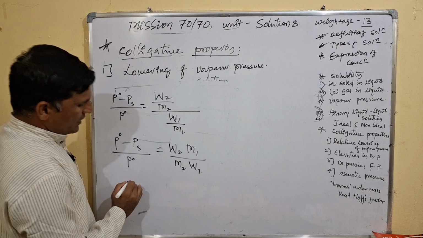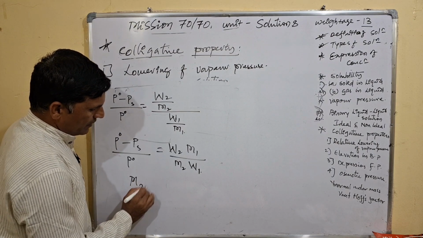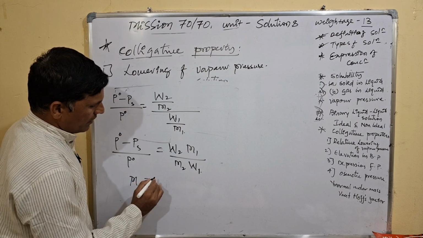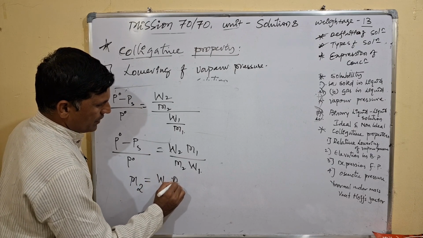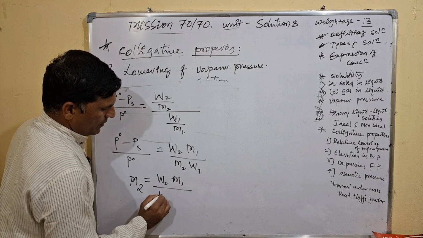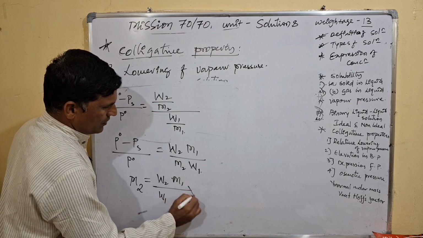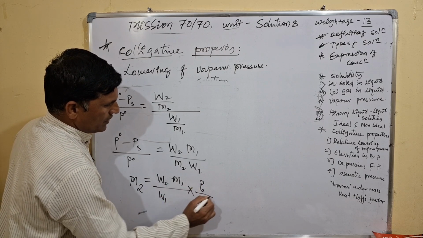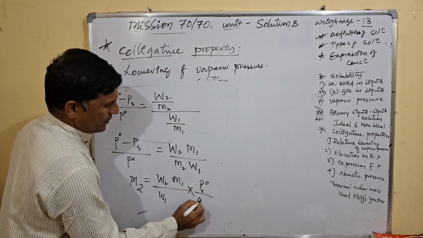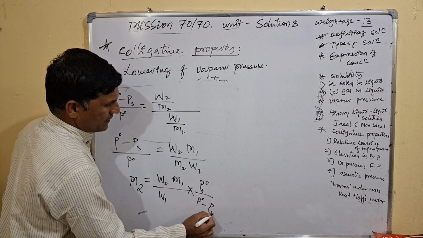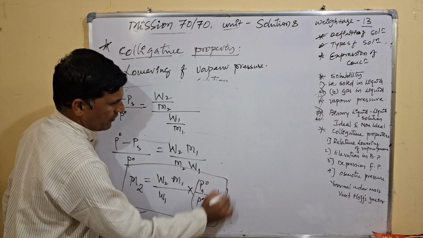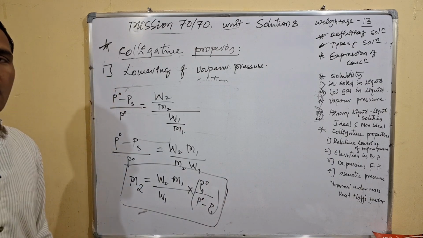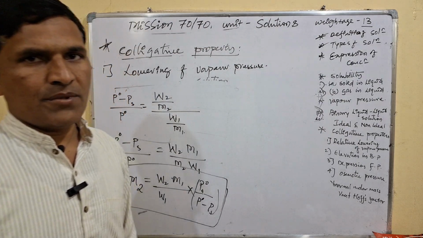And if you want to determine the molecular weight of the solute, that is M2, it is equal to W2 into M1 divided by W1, into P naught divided by P naught minus Ps. This is how we can determine the molecular weight of the solute by using lowering of the vapor pressure.